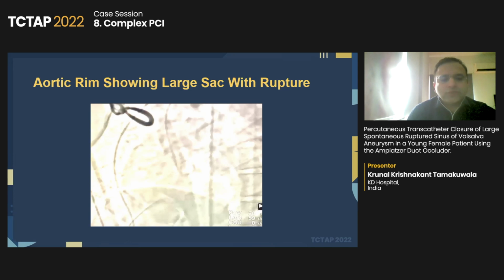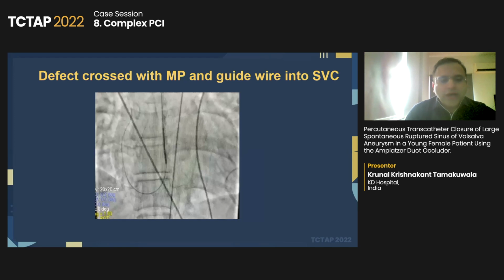Aortic root angio was performed with a 5 French pigtail catheter, and the LAO cranial tilt projection was taken for RSOV to show the RSOV draining into RA. RSOV was measured at the aortic end by angiography and TEE guidance. The size of the ADO device selected was such that the aortic segment was 2 to 4 mm larger than its diameter.